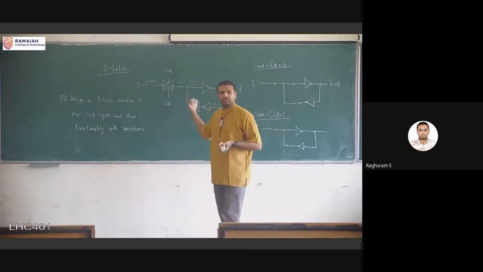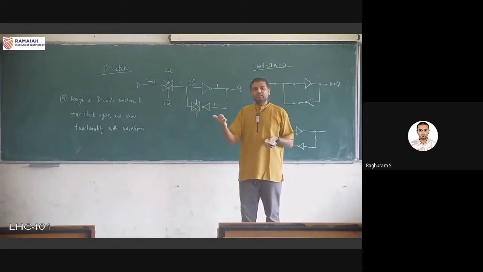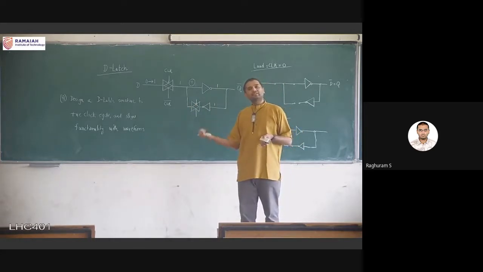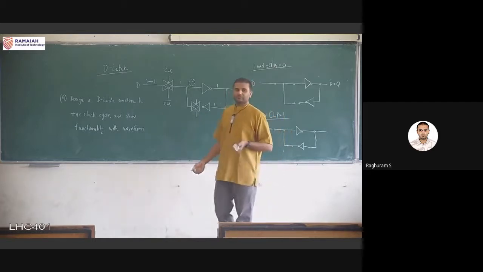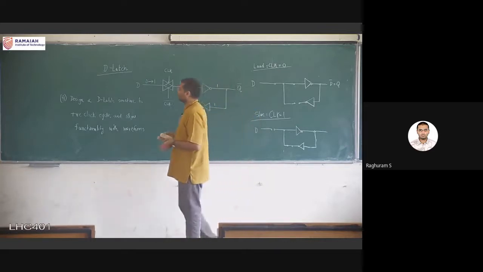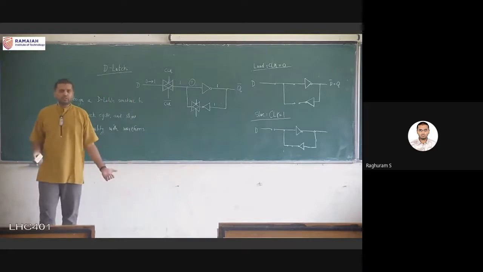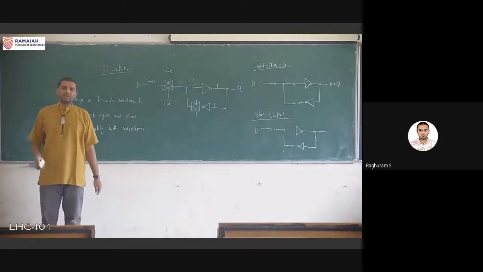This one is a negative clock cycle. So if I draw the waveforms, if D is changing in the negative clock cycle, I should be seeing that in the output of my flip-flop. Okay, so this type of question is what you will ask in the test and the exam. So this is the first circuit, and a very slight modification of this, we can go from latch to flip-flop.